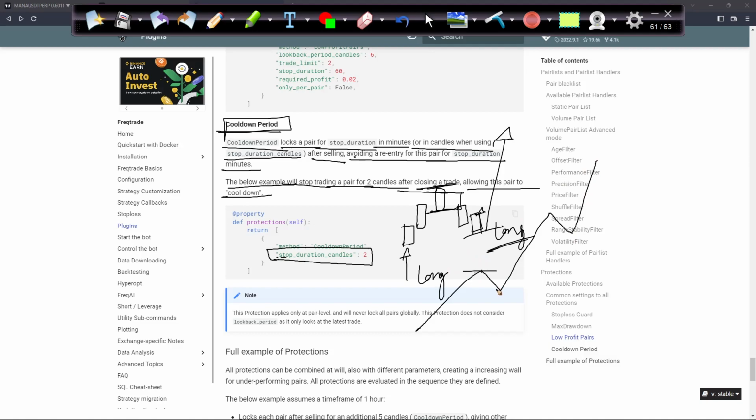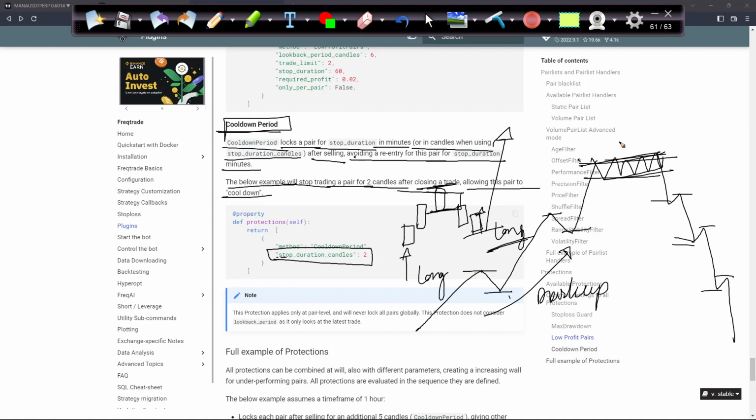So it makes a higher high, lower high, higher high, lower high, and then accumulation happens where we apply our plugins for volatility indication, and then it goes down, making lower lows and lower highs. This is our markup phase. This is our distribution here. This can be accumulation, reaccumulation as well.